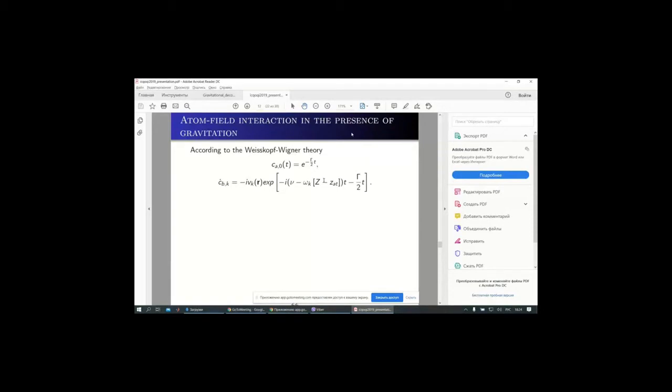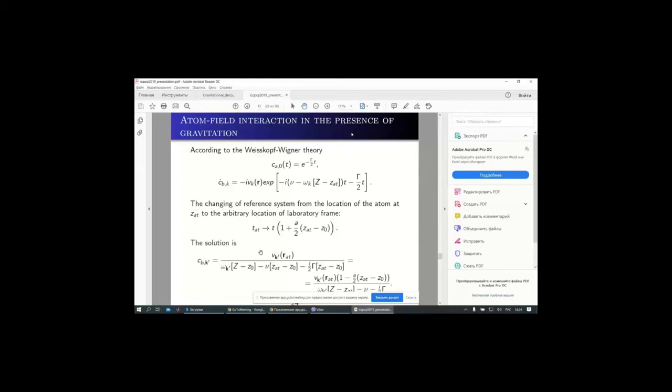Then the solution for the amplitude of the ground state atom will have that form. Here we have the well-known effect of redshift of the atom transition and the changing of the spontaneous decay rate. All of this is due to time dilation, a well-known effect of general relativity.